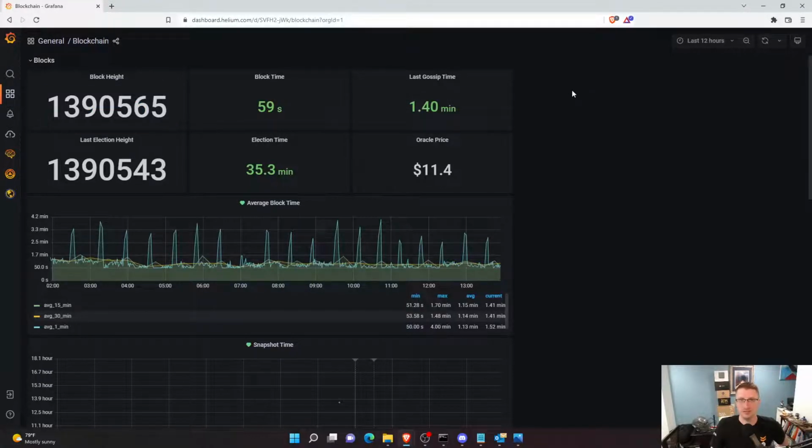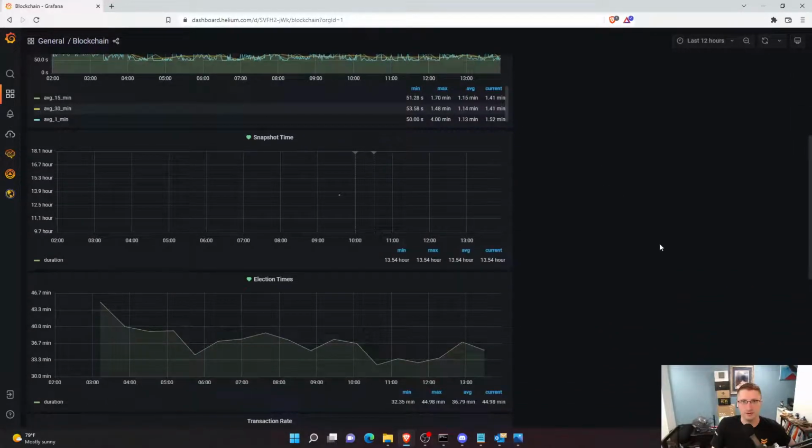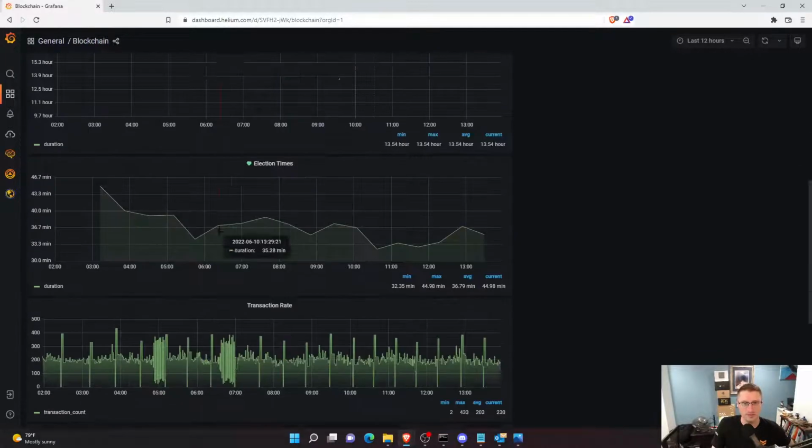And syncing is still something that is still happening until otherwise, right? Average block time, this is basically just how long it takes to process a block on the blockchain. And what else? Snapshot time tells you when snapshots were created, I guess.